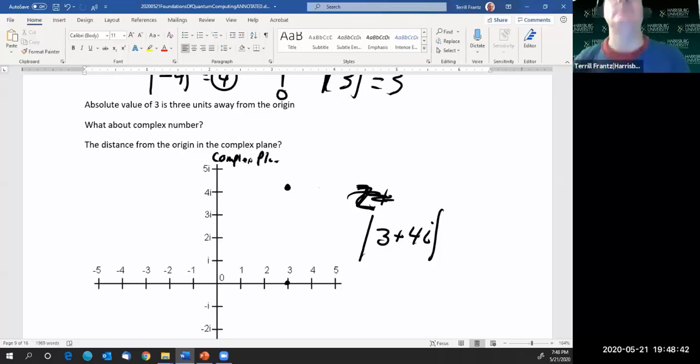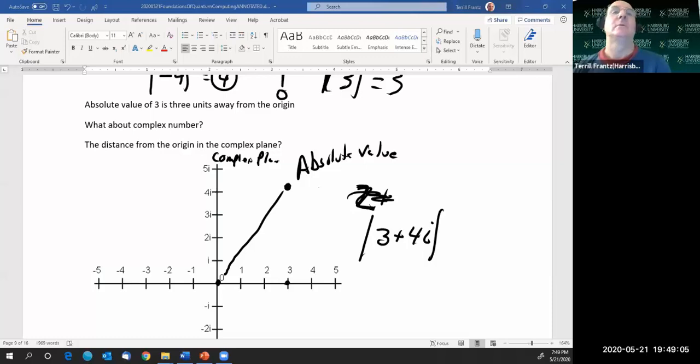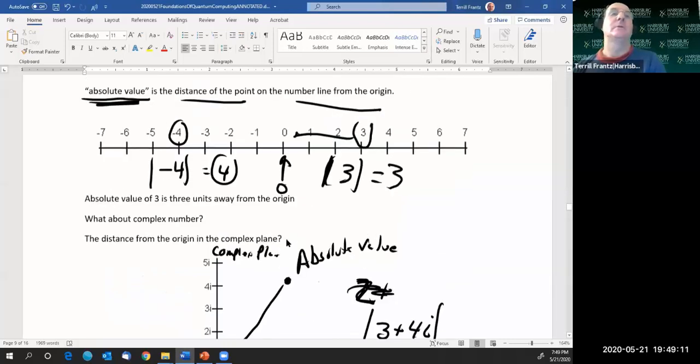So what's the distance from this point to this point? That's the definition of absolute value. Back in the day, it was super easy. Now it's a little more complicated. And I'm trying to use the mouse with my left hand. It's kind of hard to do.